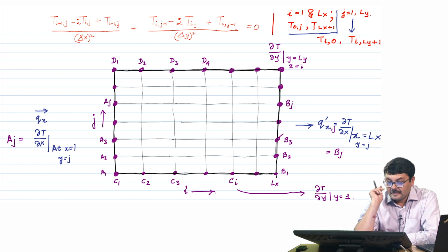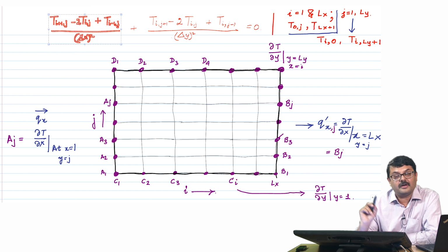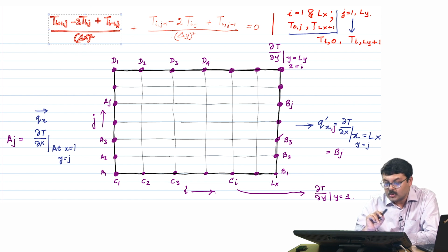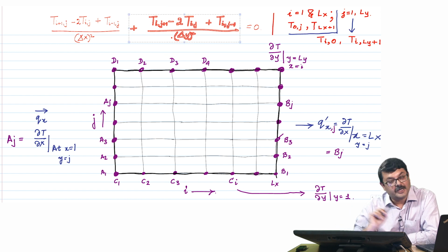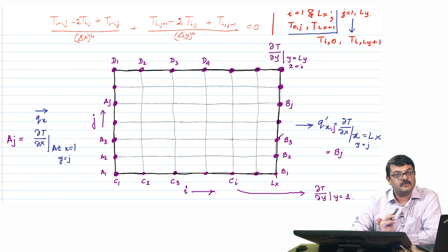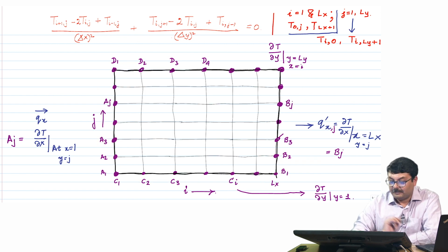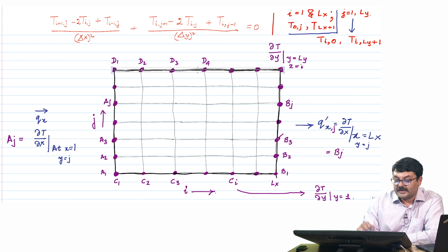But now you have a problem, and let me tell you what the problem is as well as the solution, of course. So, your Laplacian, as we discussed in the last class, can be written in this expression, which stands for del 2 T del x 2 and del 2 T del y 2, and that is equal to 0, and this is the equation we have to solve over the entire lattice. Now, if this is your lattice, previously the values of the temperature were specified at the boundaries, at these points, say, and these points.